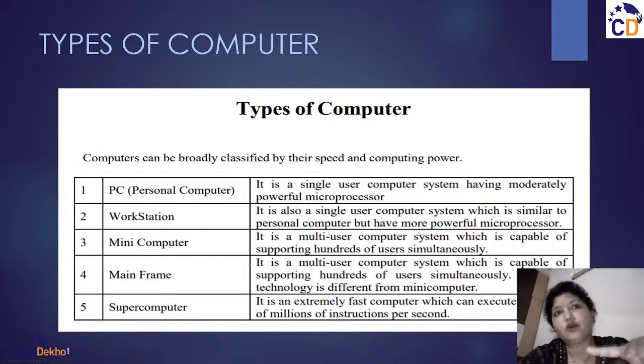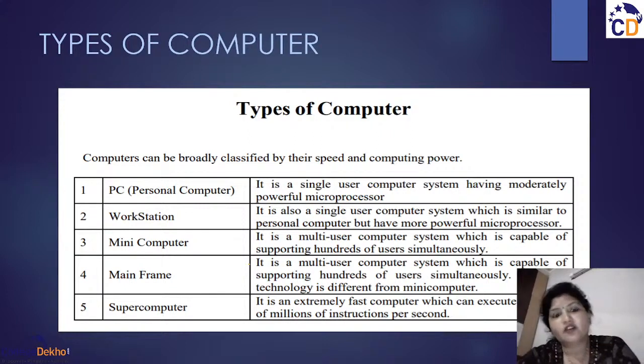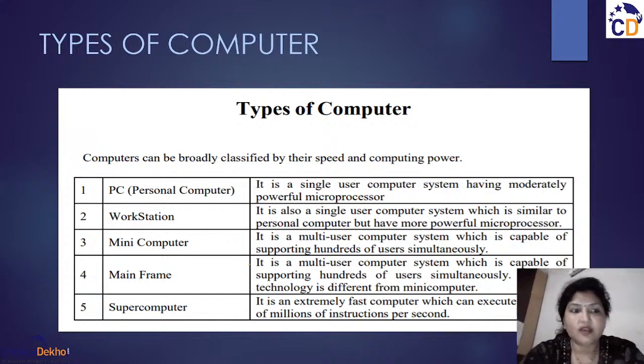So according to our need, right? If we are working in an organization, we might be using some kind of mainframe or some kind of workstation also, right? But if we are working on a huge scale, on a large scale, we might be using mainframes or supercomputers only, because we need the results.